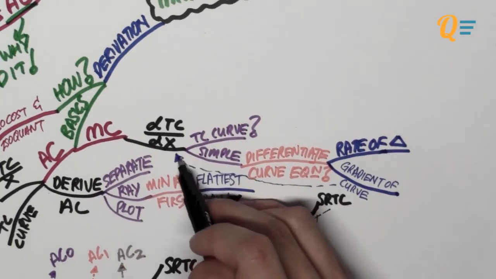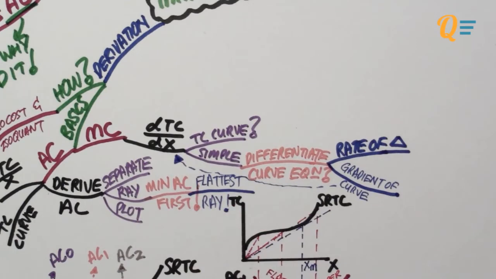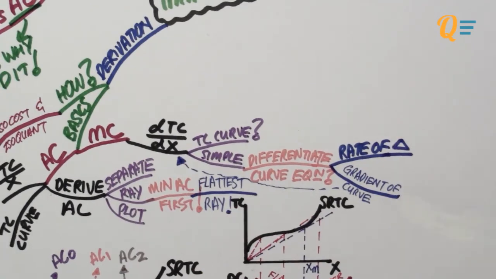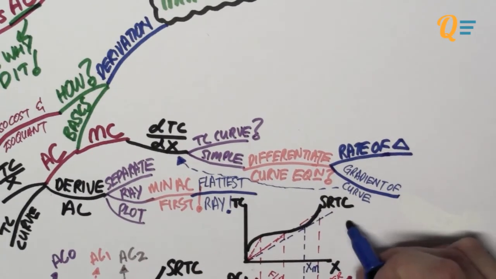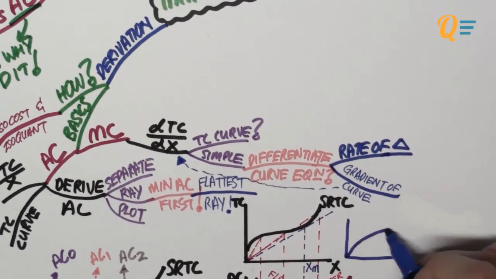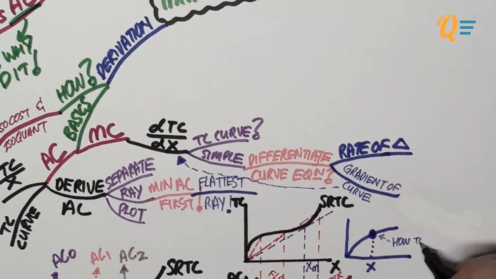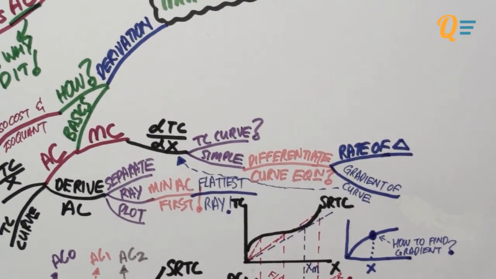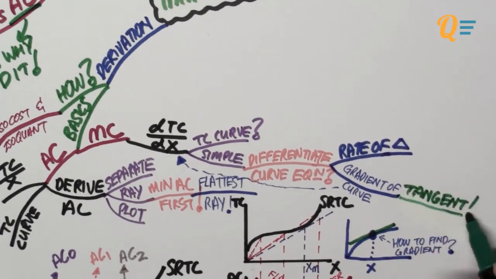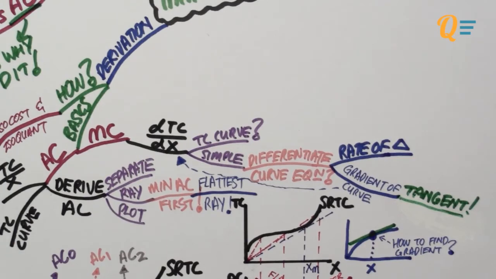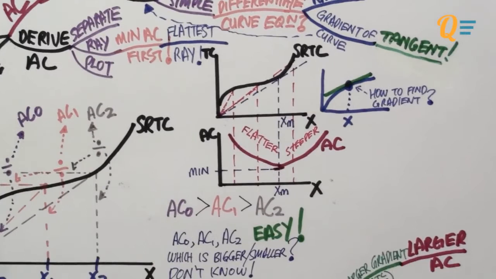So that is how you're going to find the change in the total cost divided by the change in X. So graphically, how are you going to find out what is the gradient of this curve at that particular point of X? How do you find the gradient? Well, according to basic maths, what you need to do is to draw a tangent across that point. So you're going to need to draw tangents across the total cost curves in order to find your marginal cost.